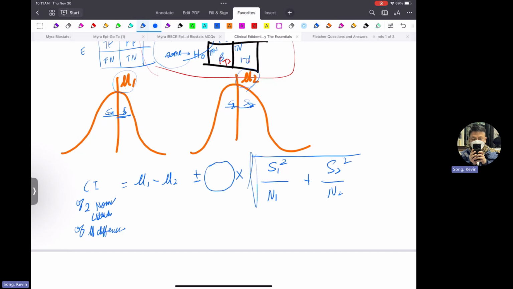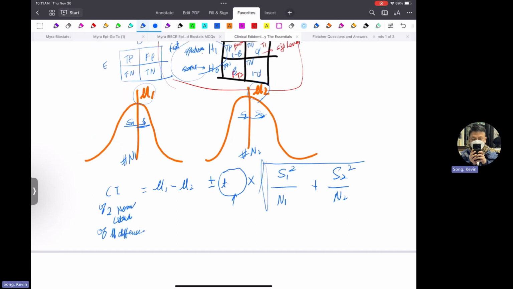S1 and S2 are the standard deviations here, right? And N1 is the number of samples in the old drug trial, and N2 in the new drug trial. This blank number is called the T statistic. What the heck is the T statistic? You can find this value in the back of the statistics book.